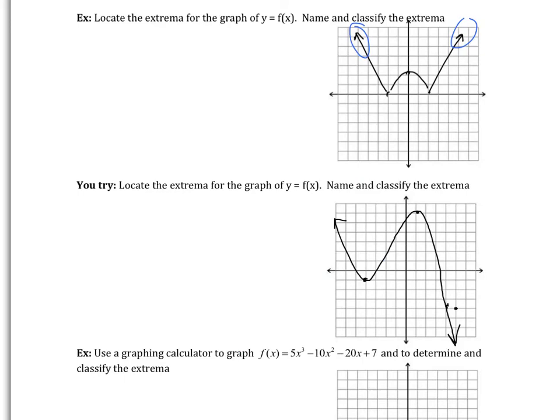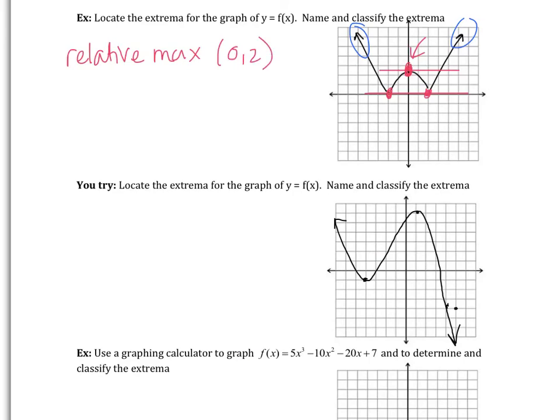I'm testing for where my tangent lines are horizontal, here and here. So I have 3 critical points: one here, here, and here. This one is going to be a relative maximum. It's the highest point within the graph that I can see, but it's increasing on either side, so there's going to be an absolute maximum elsewhere. So the relative maximum is at (0, 2).